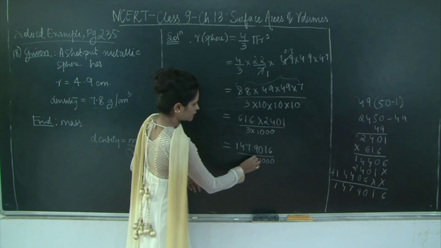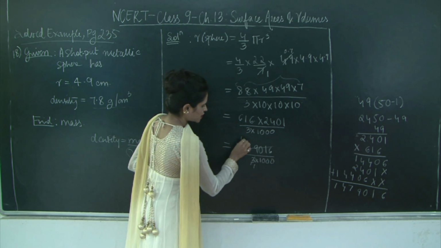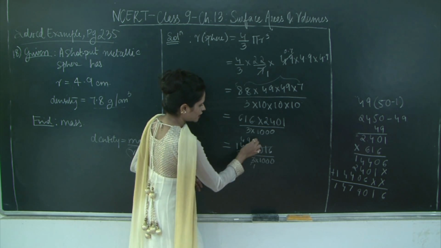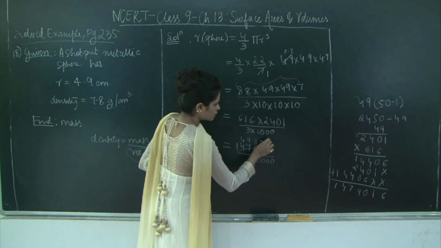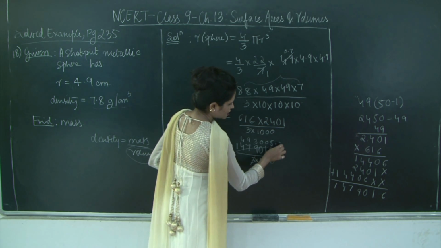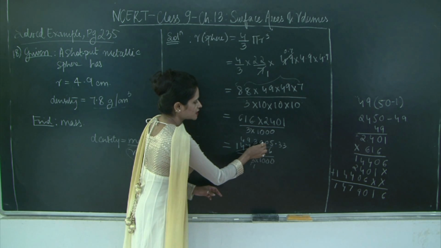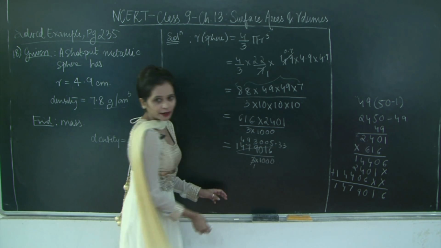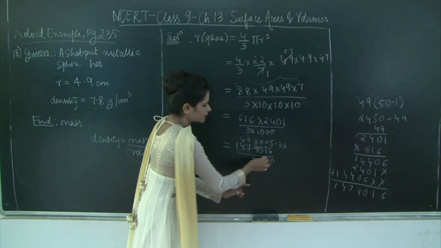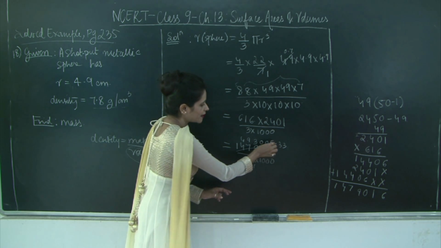So let's check. 3 ones are 3, 3 fours are 12, 3 9s are 27, 3 3s are 9, 0 0, 3 5s are 15, then 3 3s are 9, 3 3s are 9 upon 1000. So you have 493005.33 divided by 1000. Now in order to get rid of these 3 zeros in the denominator, we are going to shift towards the left in the numerator by 3 decimal places.